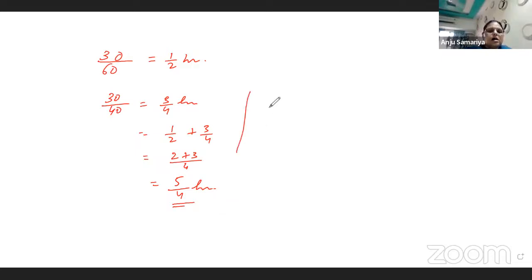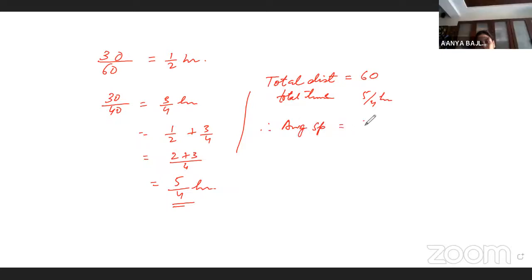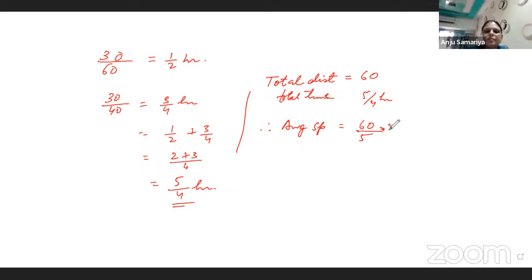So then total distance 60, total time 5/4 hours. Therefore, average speed is total distance upon total time. So 48 kilometers per hour.